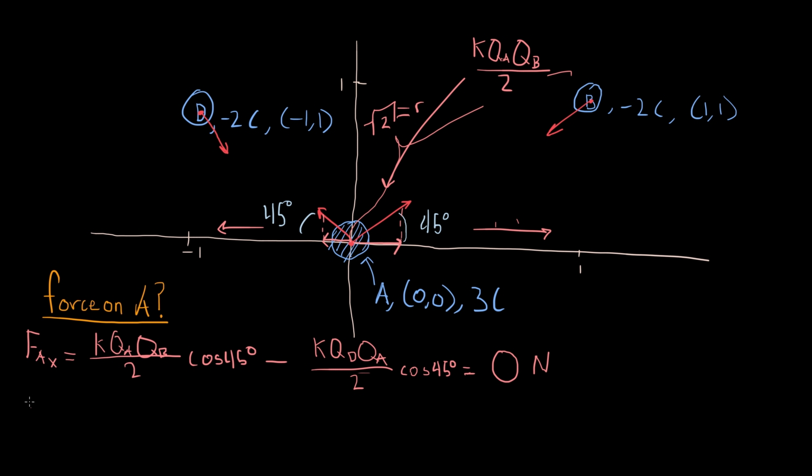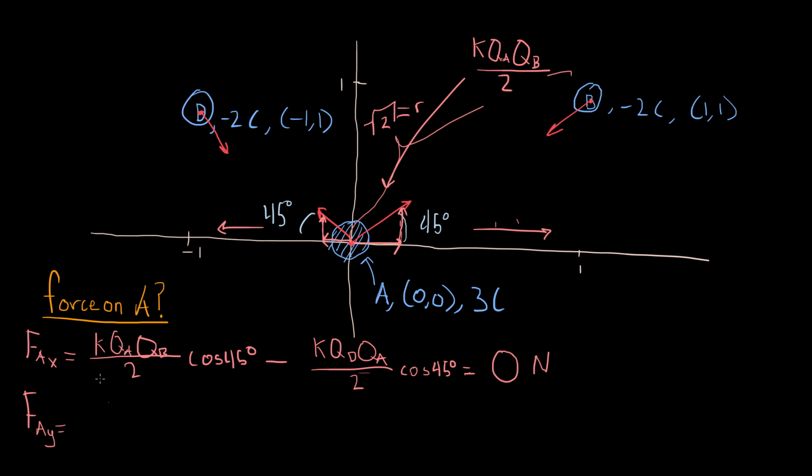Okay, so now if we do the y direction, the force on A in the y direction, we'll start again with this side. We're going to have a positive force, right? Going directly up, the component of this force here, and this one on the other side is also going to be positive. So there's absolutely no way that we can get 0 for this second force, because both of them are moving in the positive direction.